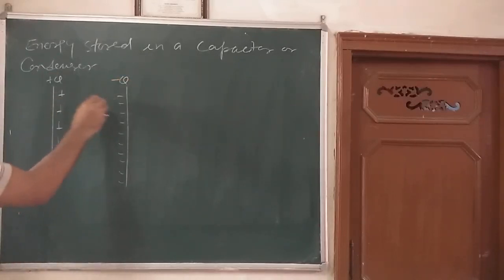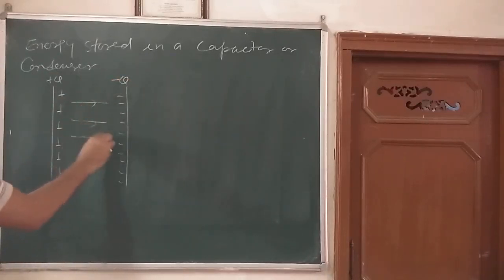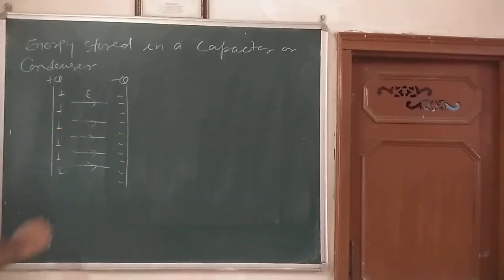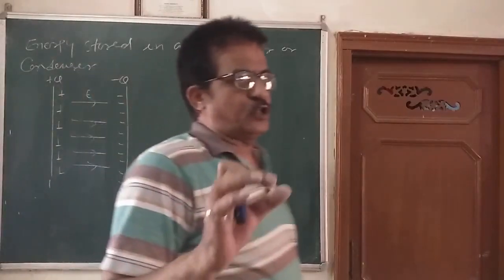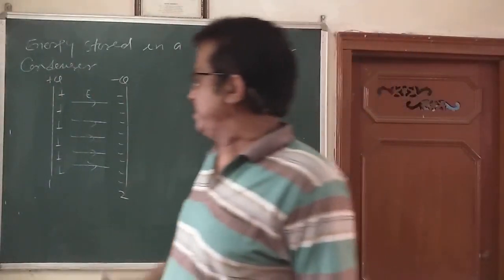Due to this plus charge and minus charge, the electric field here is E. Now this is the capacitor plate number 1 and this is the capacitor plate number 2. We know that the capacitor is a system of two conductors carrying charges plus Q and minus Q respectively, as you can see in the figure.